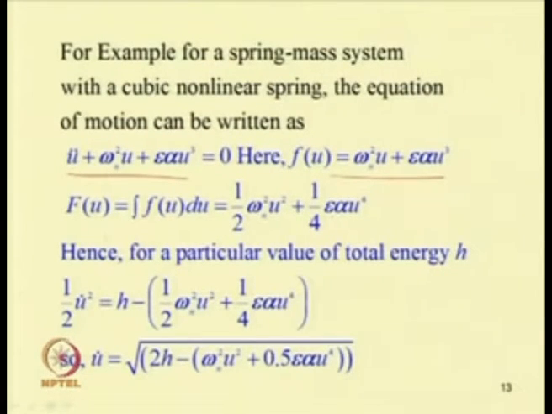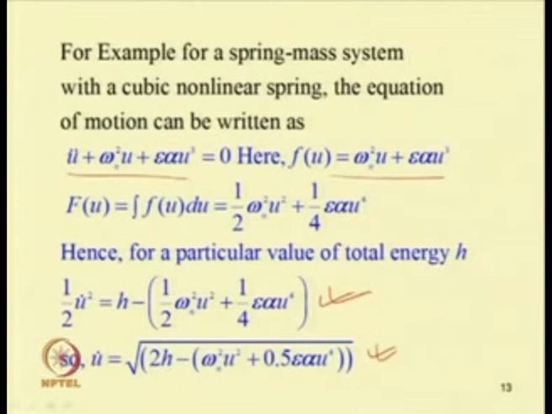From this, equating it to half u dot square, we have half u dot square equal to h minus this term. So u dot can be obtained: u dot equal to root over 2 h minus omega n square u square minus 0.5 epsilon alpha u to the power 4.